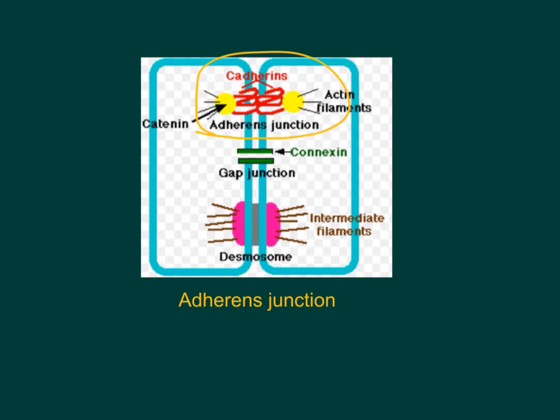Next is the adherens junction. Adherens junctions and desmosomes both utilize cadherin proteins, yet cadherins bind to actin filaments in adherens junctions. The main function of an adherens junction is to join actin bundles in one cell to that of another.